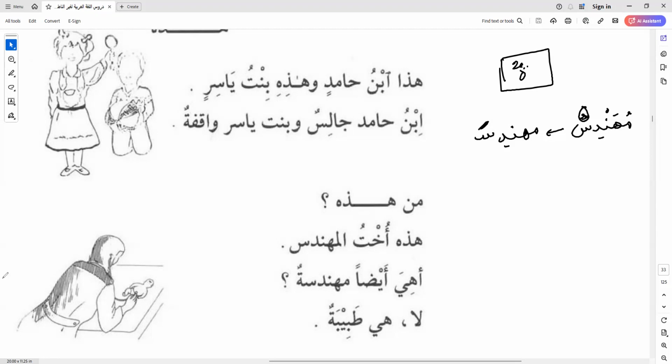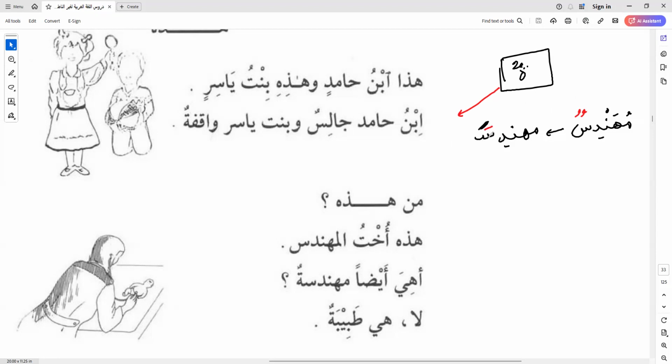So let me clean it so that you can see. I'm going to use a different color. So you can see here, muhandisun. Pay particular attention to the vowel. So when I'm bringing in the taw marbuta here at the end, I'm going to change this to sa.